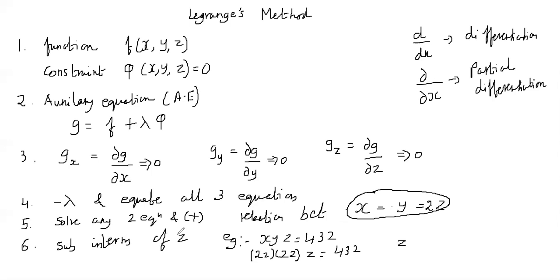Substitute the single term, that is, in terms of z in the constraint, and find the value of z, and ultimately we can find the value of x and y. In the result you can mention x is this much, y is this much, and z is this much, and you can easily get good marks in this.